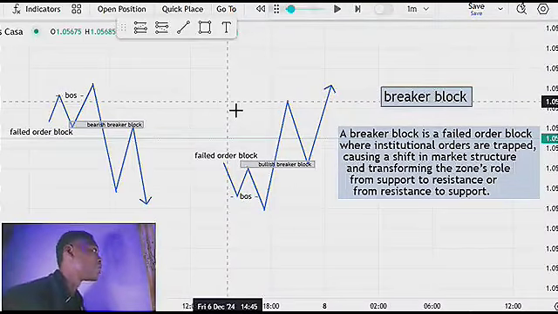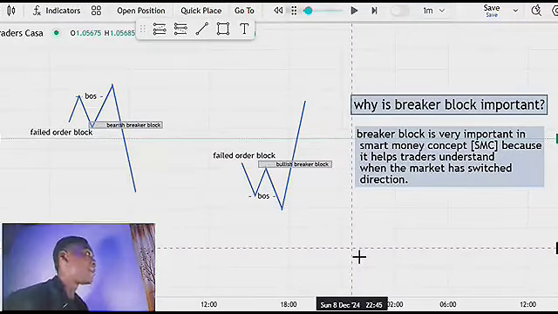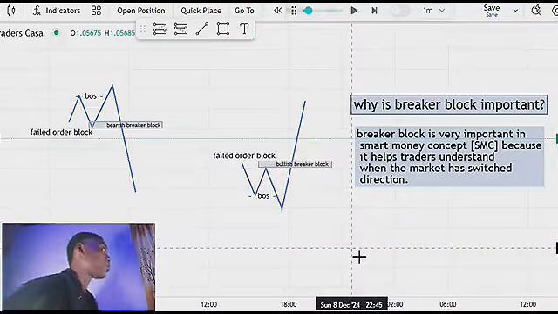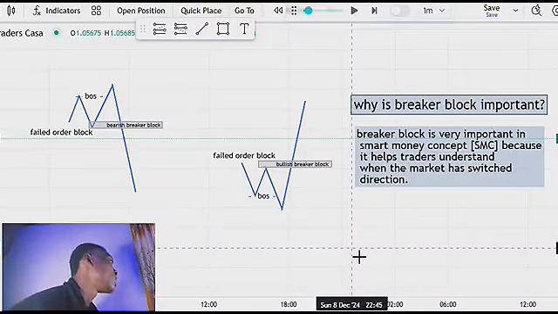So we'll go over to the next one. What we have here is, why is breaker block important? Breaker block is important because it helps traders understand when the market switches direction.